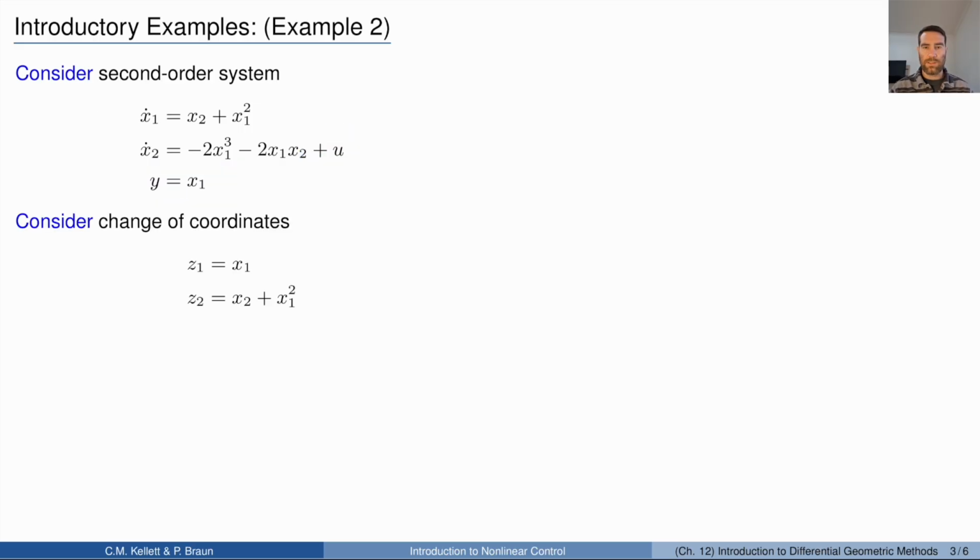Instead of considering a change of variables or a coordinate transformation in u, we can also consider a coordinate transformation in our state x.